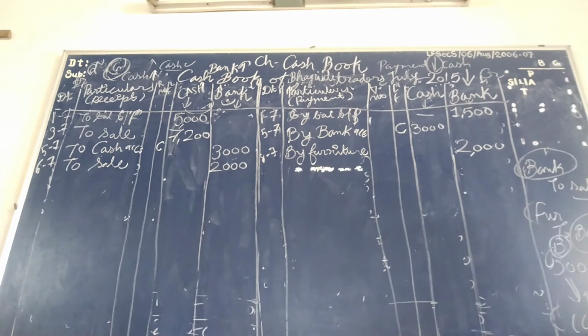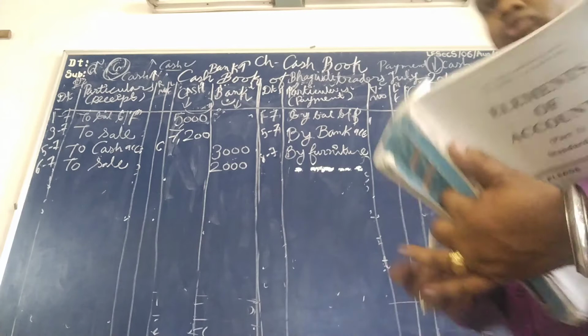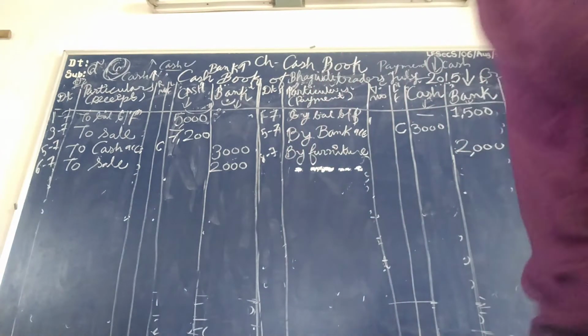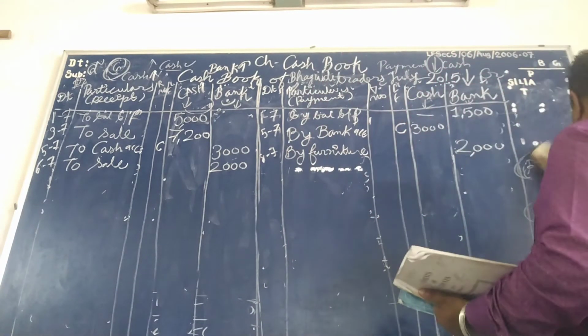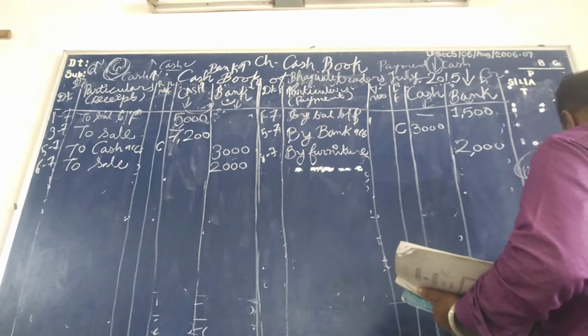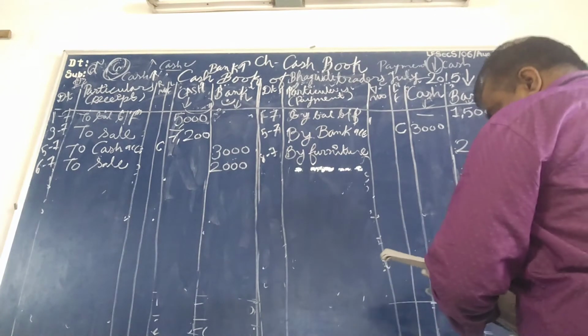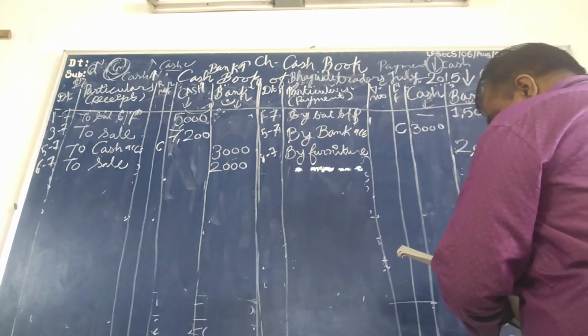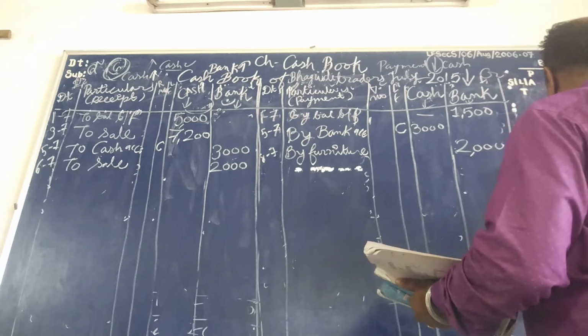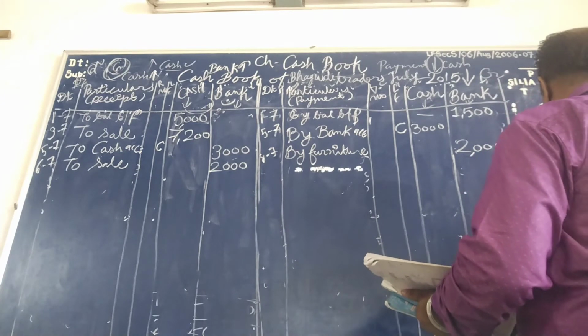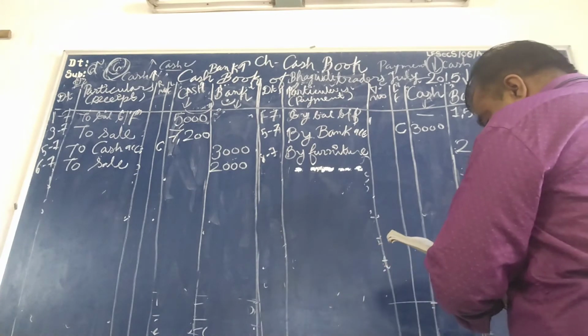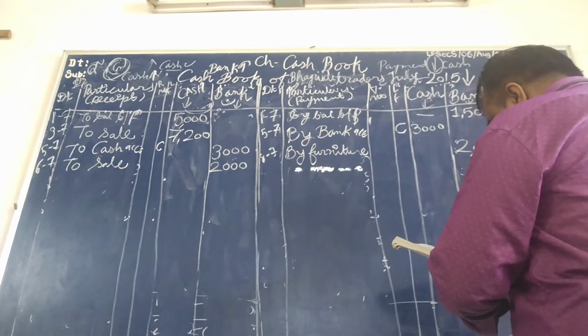So we sold 6,000 goods to Harshit, and half of the amount is received by cash.